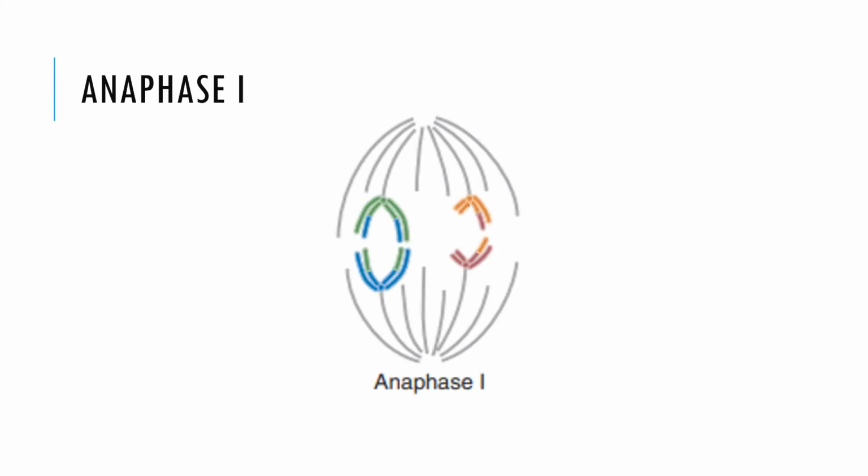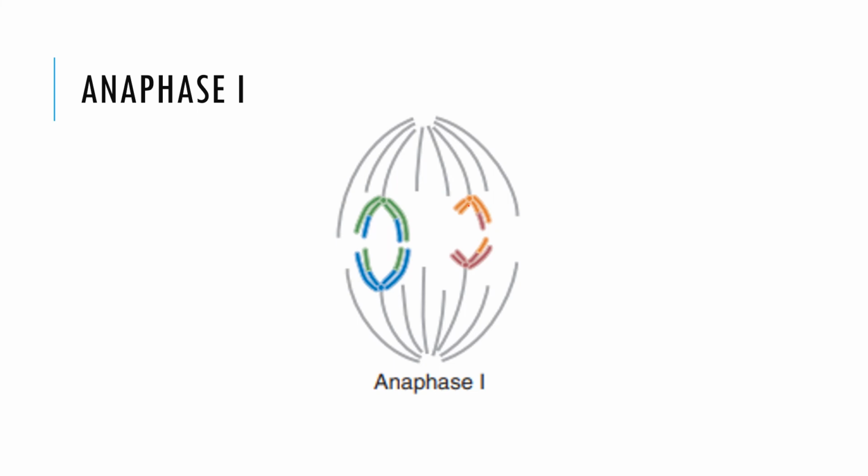In anaphase 1, the homologous chromosomes, each composed of two chromatids joined at an undivided centromere, separate from one another and move to opposite poles of the spindle. Chromosome separation at anaphase is the cellular basis of the segregation of alleles.